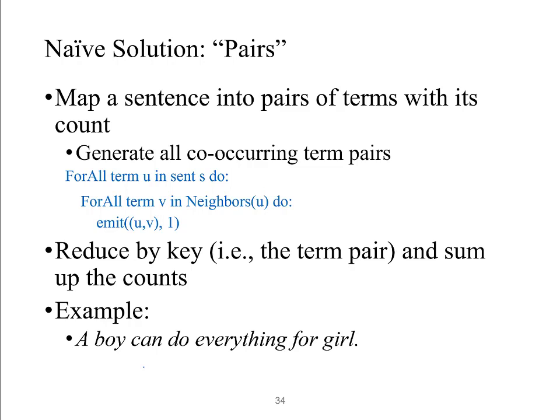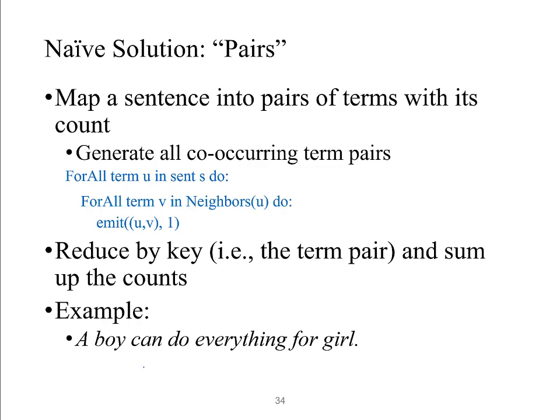So the naive solution to this problem is to map a sentence into pairs of terms with their count. It's pretty much like the word count problem that we have discussed before.